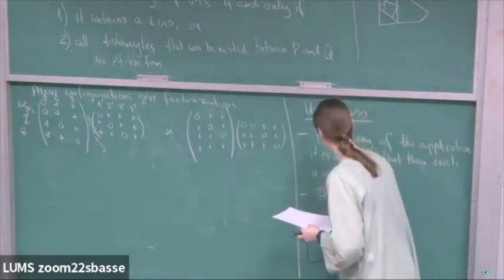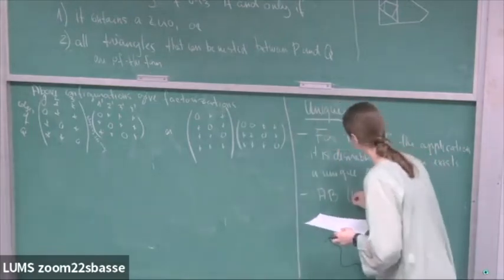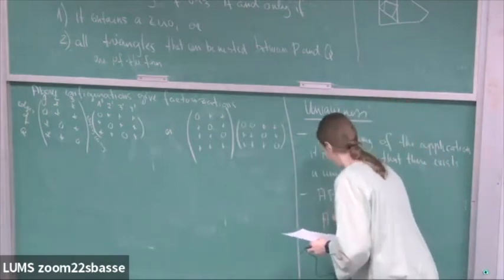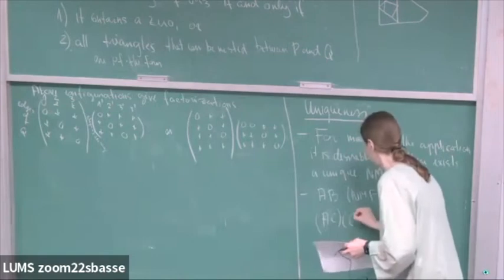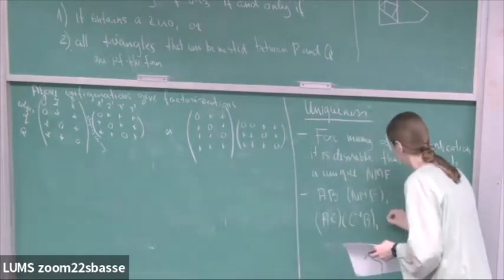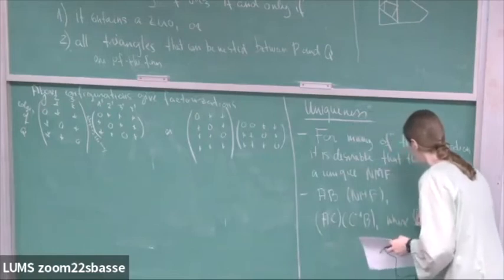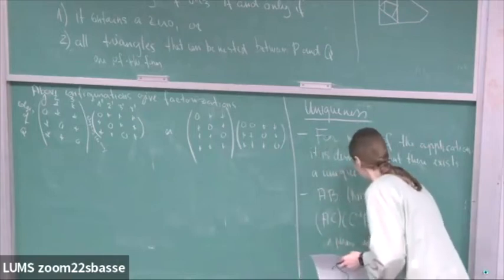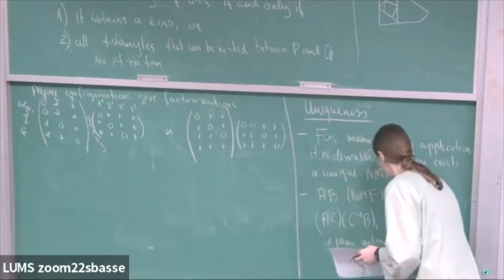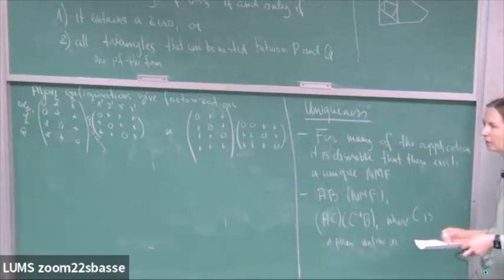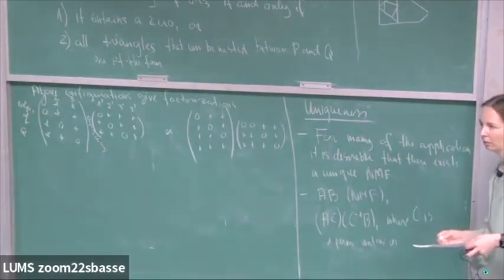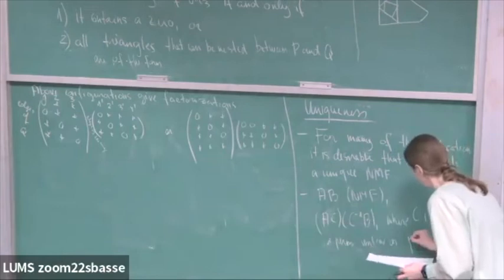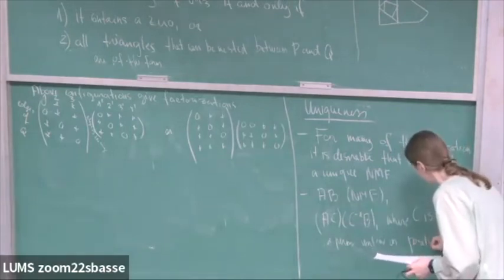If you have a non-negative factorization A and B of a matrix M, then A times C and C inverse times B will also be a non-negative factorization, where C is a permutation matrix or a diagonal matrix with positive entries, a positive scaling matrix.